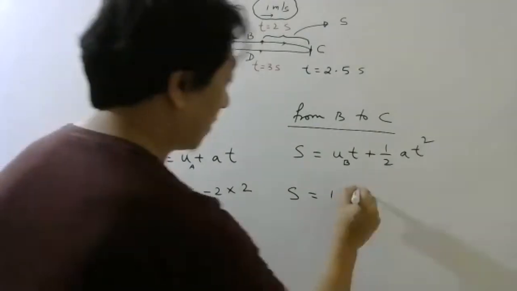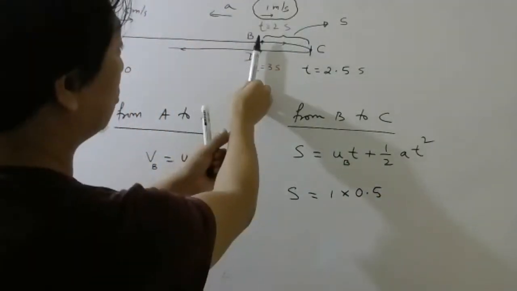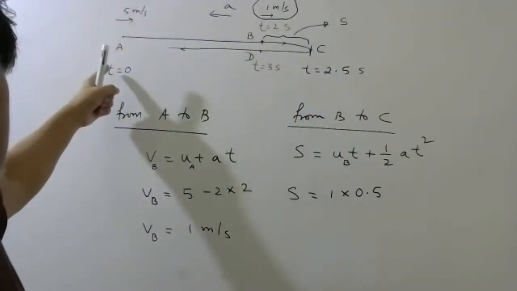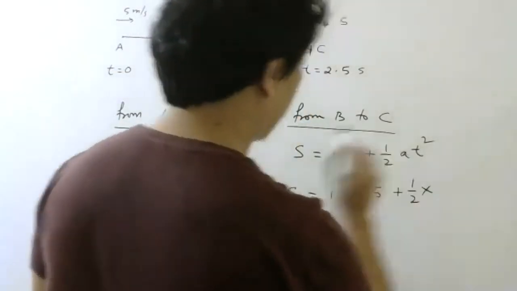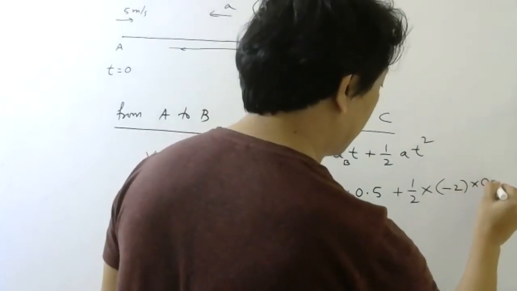0.5 seconds. Super. Why 0.5 seconds? Because my clock here shows 2 seconds, my clock here shows 2.5 seconds, starting from 0 clock. Plus half. Acceleration is constant, no problem, minus 2. Time taken is 0.5 square.